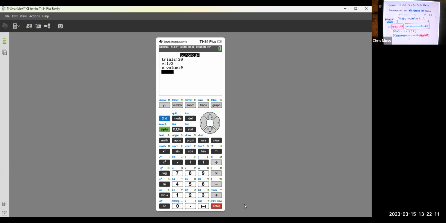I'll paste that in there, and there we go. Once that gets in there, I can say enter, and I get 0.588.